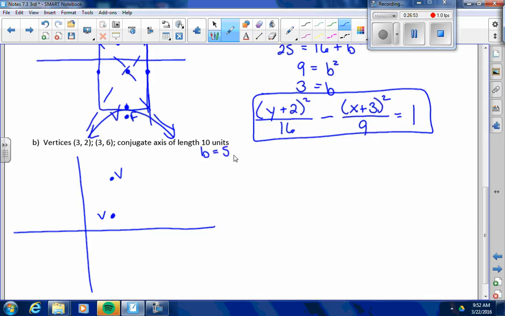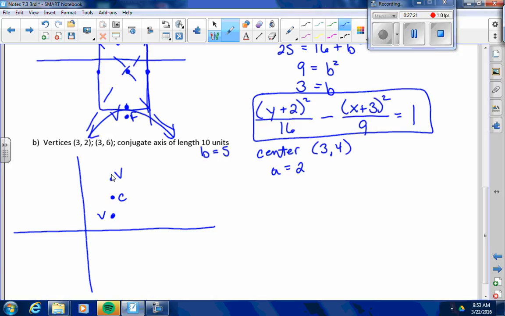And if I know both of my vertices, what else is that giving me? It's giving me the center. And where's the center? It's at 3, 4. Okay. What is the length then of A? A is 2. From the center to each vertex is 2 units.